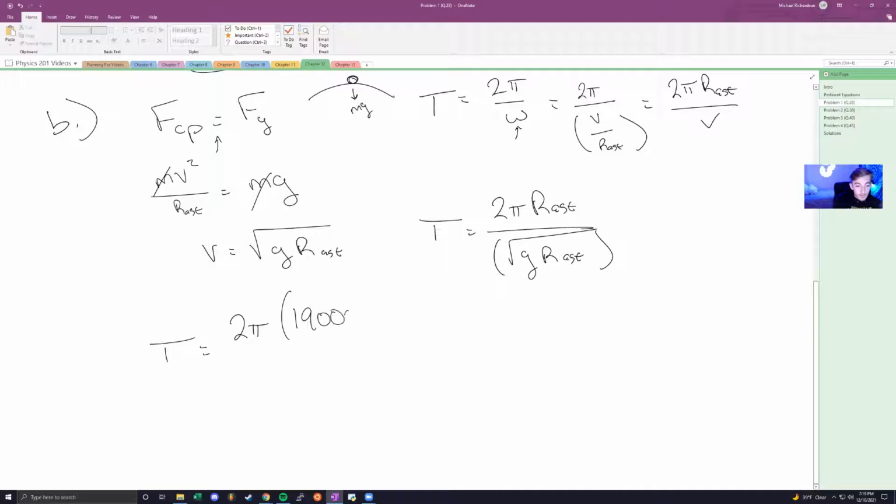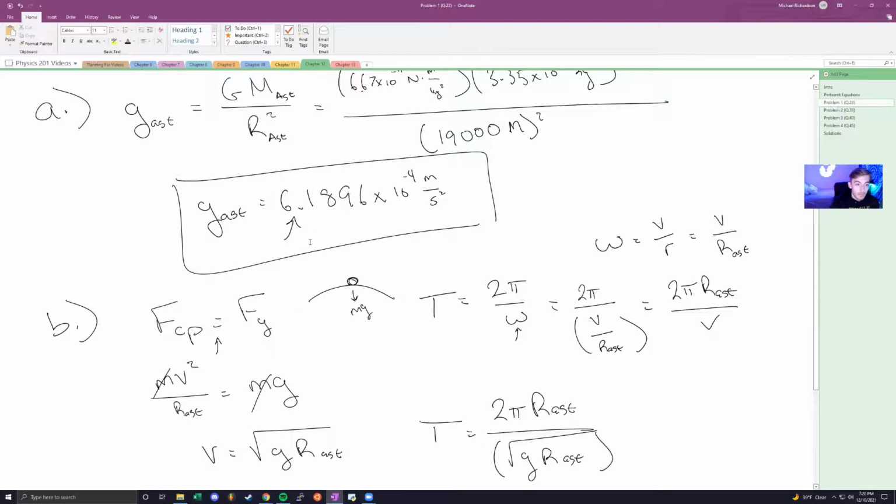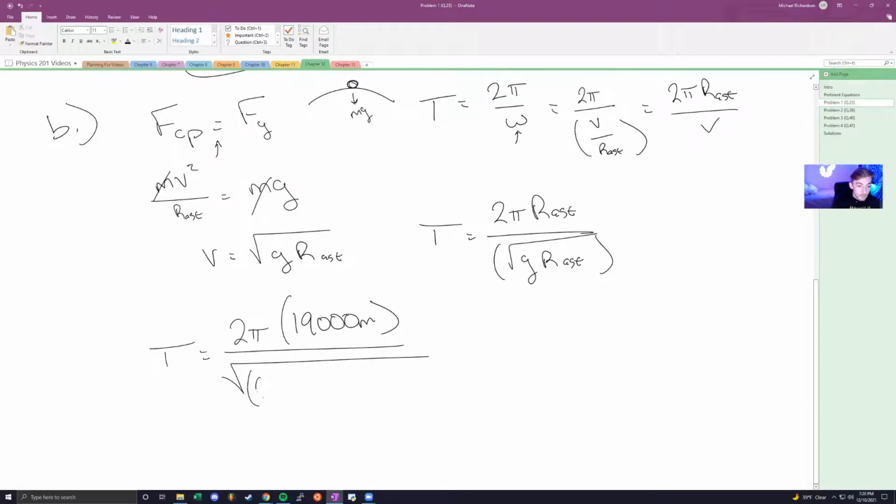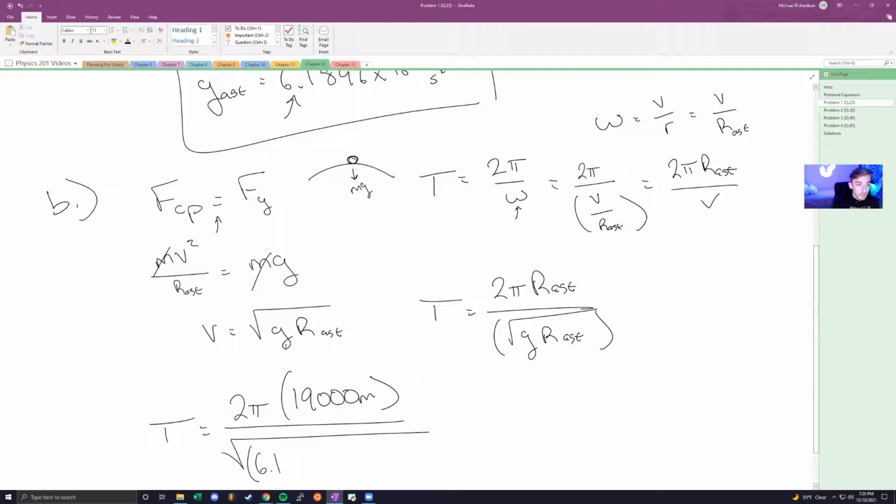times 19,000 meters divided by the square root of what we had solved for beforehand, which is 6.1896 times 10 to the negative fourth meters per second squared times 19,000 meters. And by plugging this into the calculator, let me do this really quickly.